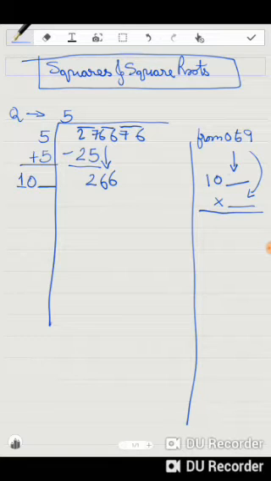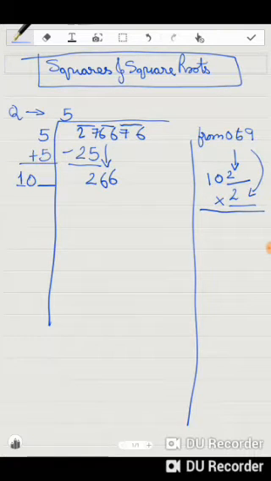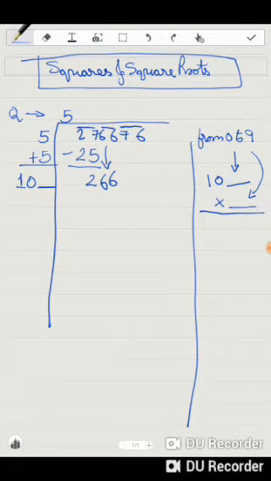So if I put 1, it will be 101 into 1. If I put 2, then it will be 102 into 2. Likewise I need to figure out what I will put over here and multiply it so that I get a number less than or equal to 266. So what would that be? 2.